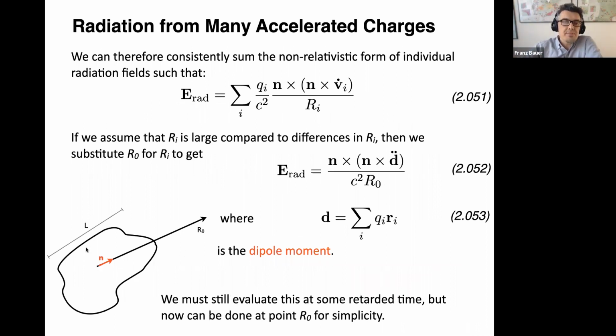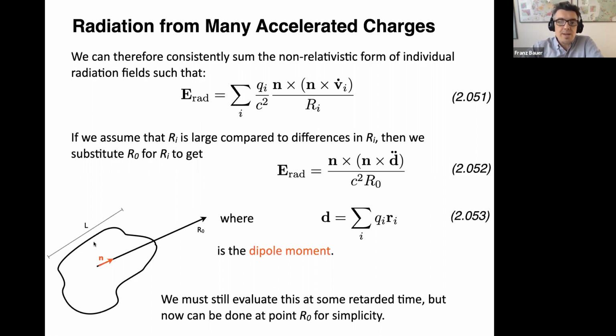let's take some ensemble system, right, that has a size of L. And so this system has electrons and protons, it's emitting, and we're the observer out here. And so we can take the total amount of the electric field radiating away as the sum of each individual portion and each individual radius, right?